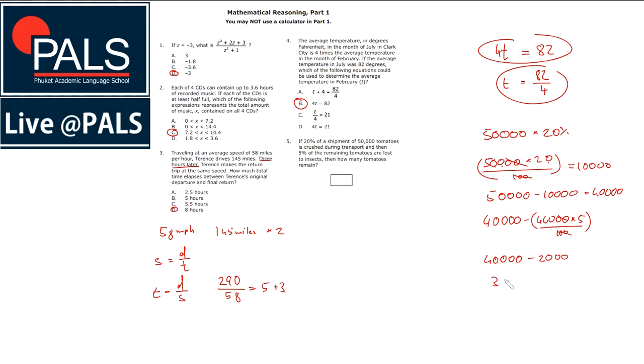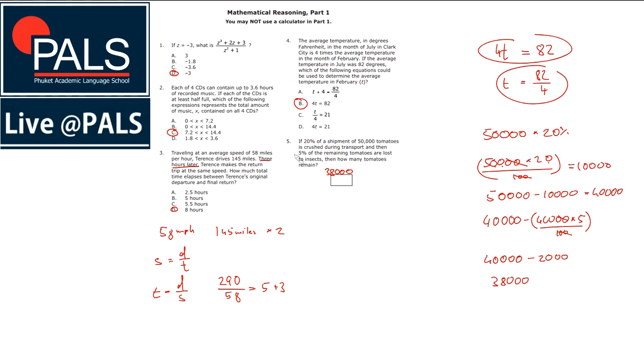So that leaves us with 38,000 tomatoes. That goes into the box. That's a bit large to write into the box. So 38,000 tomatoes are remaining.